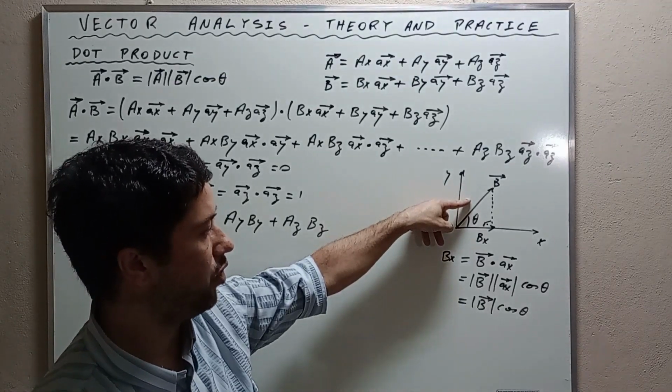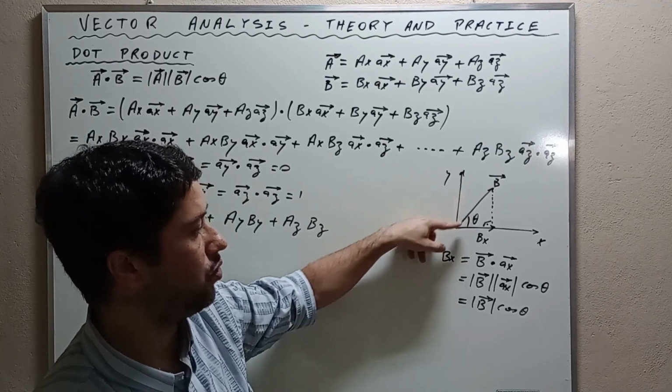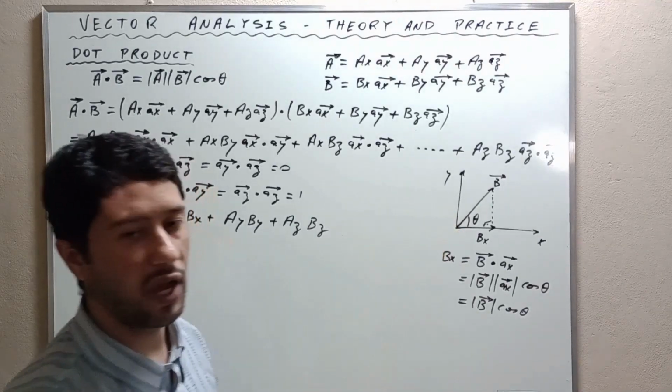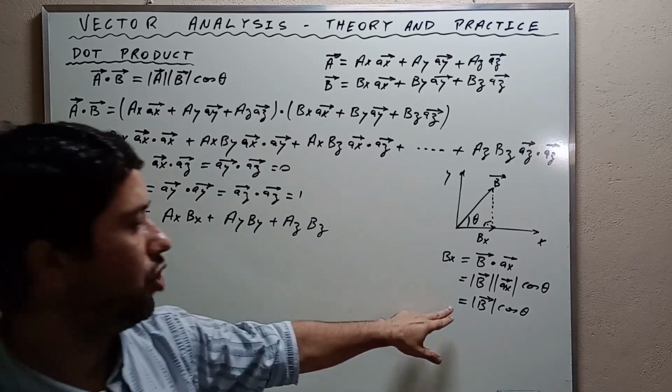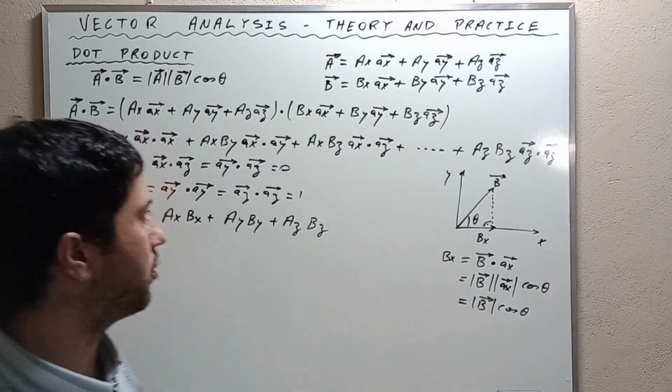Okay? So this side here is the hypotenuse times the cosine of the angle. Alright? This is how you learned this in high school. And I'm just showing you in a different way using the dot product.